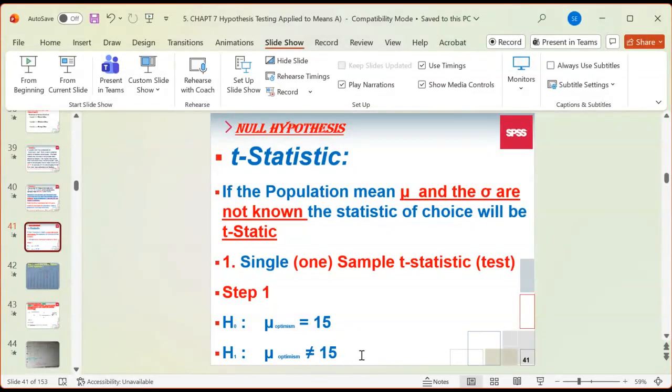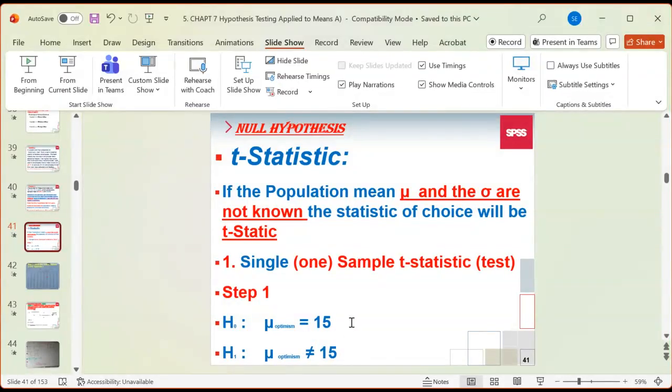The mean is not going to be 15. Again, we might say the mean is going to be greater than 15 or less than 15. But we're saying it's not going to be 15. That's the response to it.